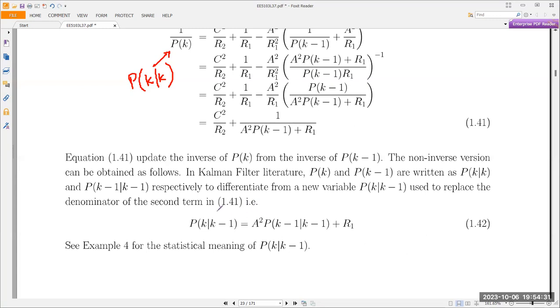You will then get this. Now, the meaning of this, I will use example 4 to explain. Basically, as far as maths is concerned, we are calling this pk minus 1.